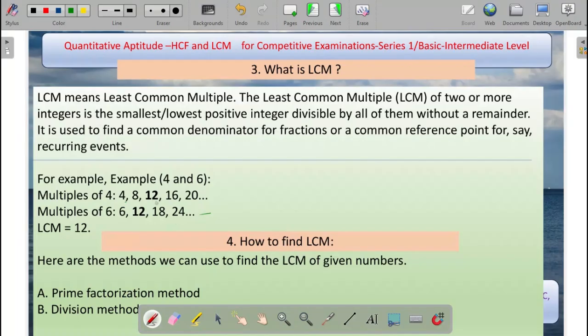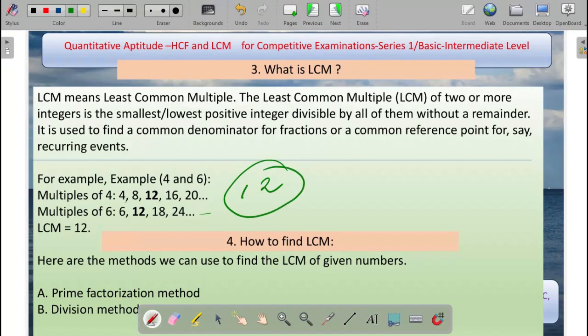What is the least number common to both? 4 is not in the multiples of 6, 8 is not there either, so 12 is common. It is the least common multiple, so in this case the LCM is 12.